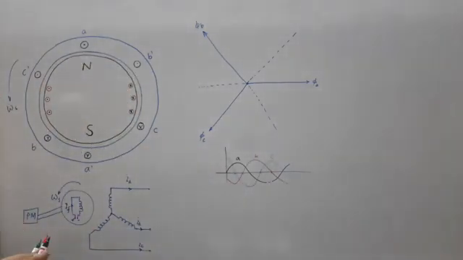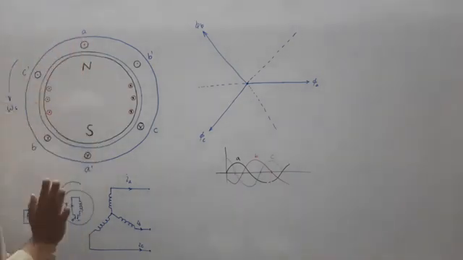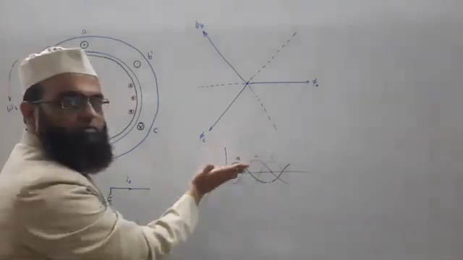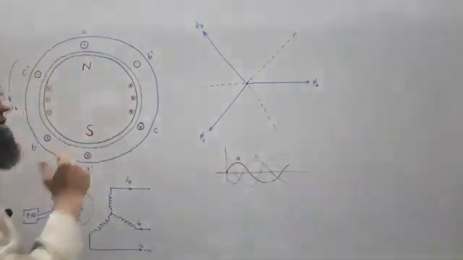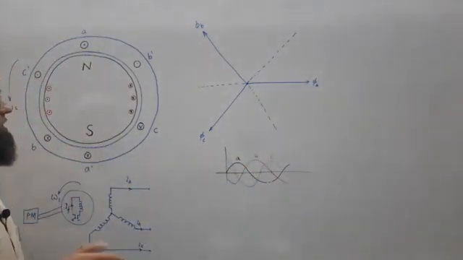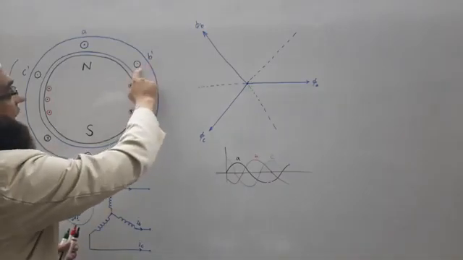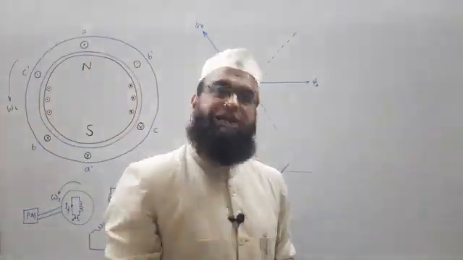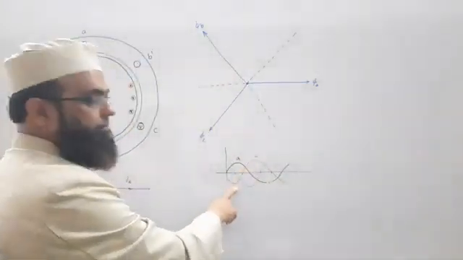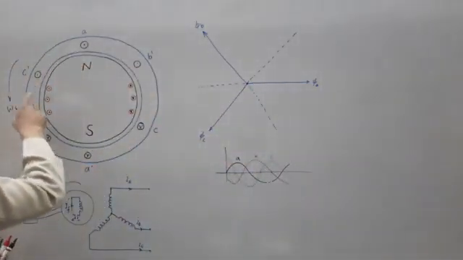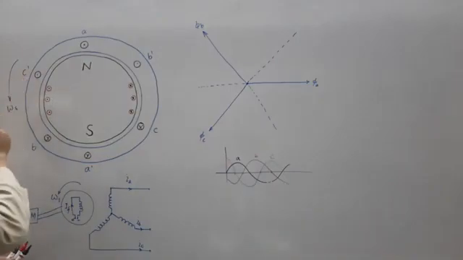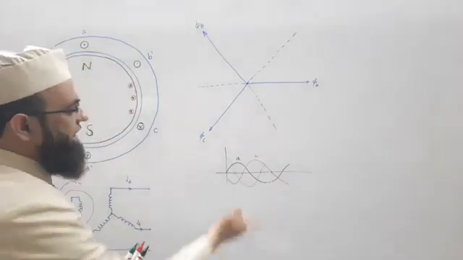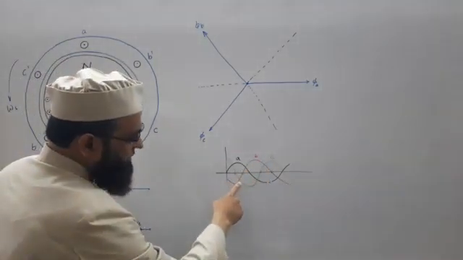So once dot is there in A and cross is in A dash, it means we are in the upper half, positive side. But here, B dash is having dot, it means the potential of phase B is towards the negative side. Similarly, C dash is having dot, so the potential in phase C is towards the negative half. See here, C at this moment is also negative.